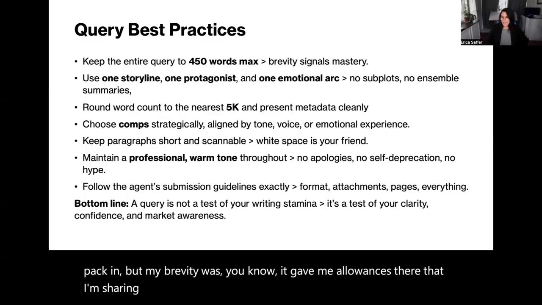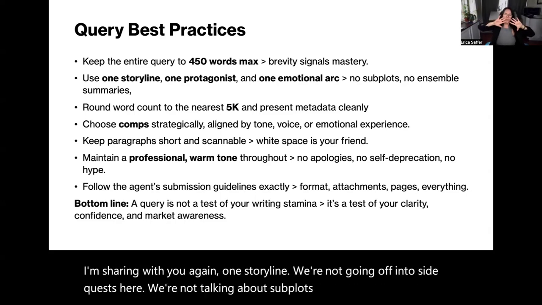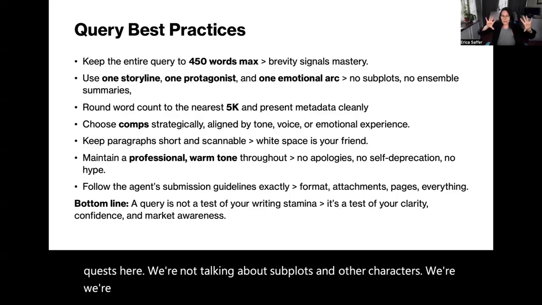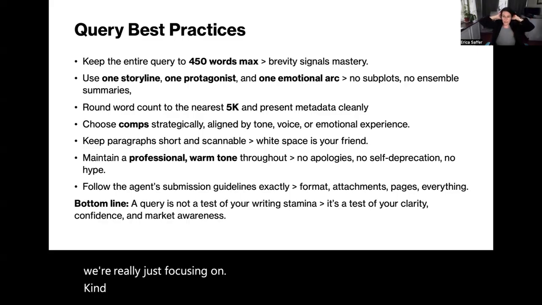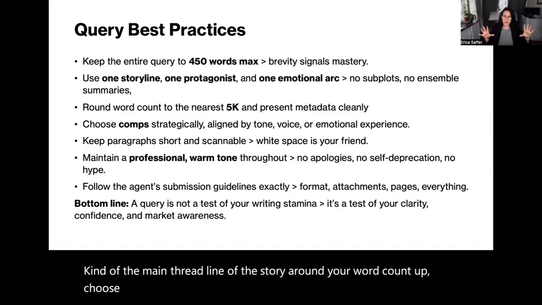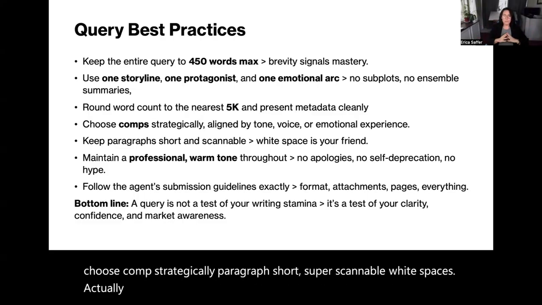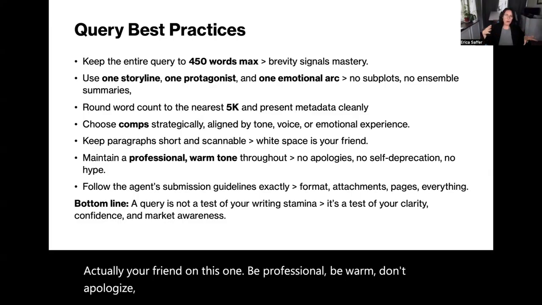Again, one storyline. We're not going off into side quests here. We're not talking about subplots and other characters. We're really just focusing on the main throughline of the story. Round your word count up, choose comps strategically, keep paragraphs short and super scannable, white space is actually your friend on this one. Be professional, be warm, don't apologize, no self-deprecating humor.